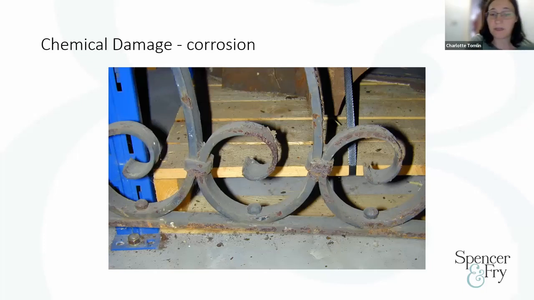Surface details can be lost, structural integrity can be lost, and some metals are more susceptible than others. So iron is very readily corrodable in damp conditions. Other materials such as gold and silver are more inert, and they're called noble metals. However, they are normally alloyed with a less noble metal, so they are still susceptible to corrosion.